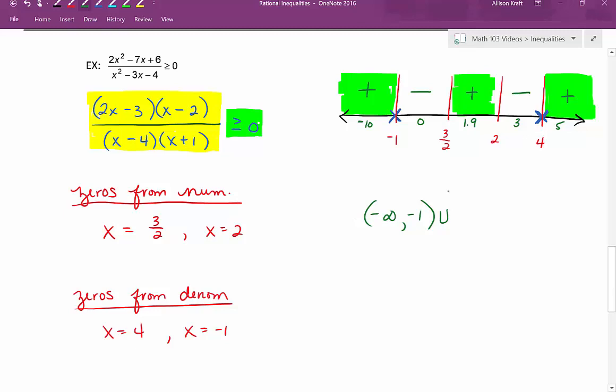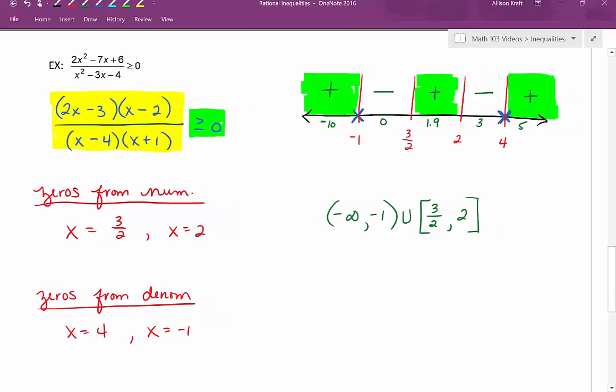The second interval in our solution set is from 3/2 to 2. Neither of those zeros came from the denominator, therefore we will follow the inequality symbol and include both of those.